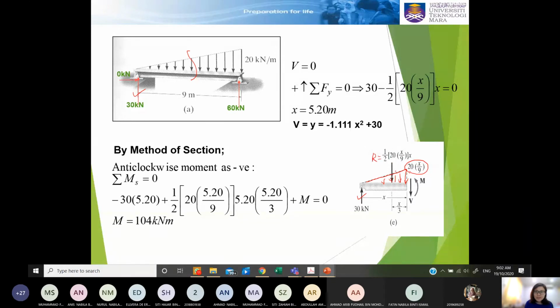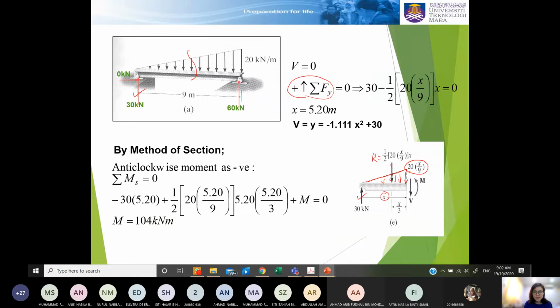Next we want to solve and establish the equation. We will take summation Vy equal to 0. Remember now this is X. Then we start to put this triangular loading into the reaction.